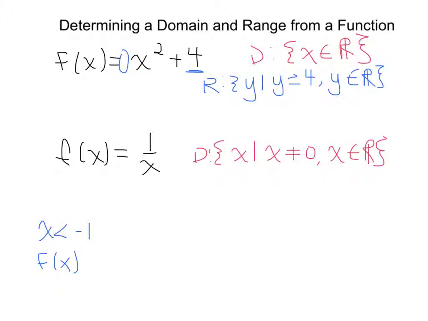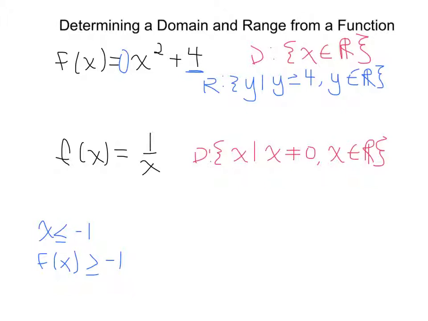So those numbers will be less than negative 1. And if we use negative 1 itself, then we would get negative 1. So we can say if x is less than negative 1, then f of x is greater than or equal to negative 1.